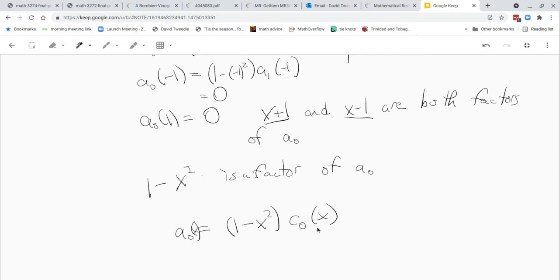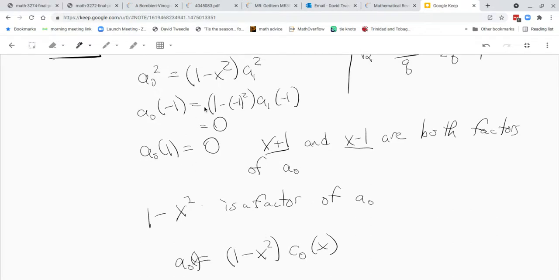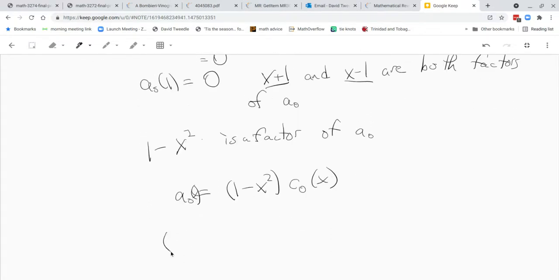And now we replace a0 with 1 minus x squared times c0. And what happens? Well, on the left, we have 1 minus x squared times c0 squared equals 1 minus x squared times a1 squared.